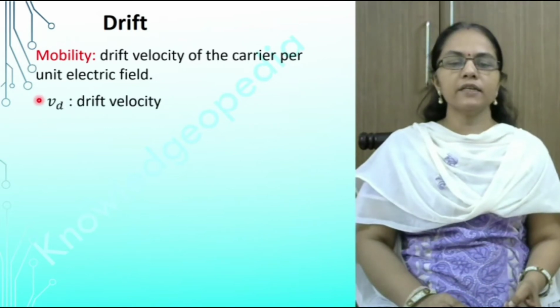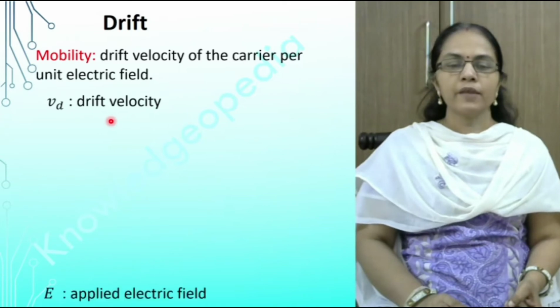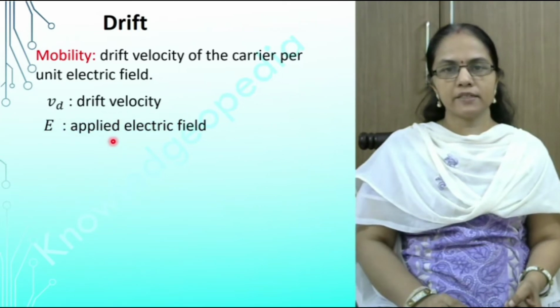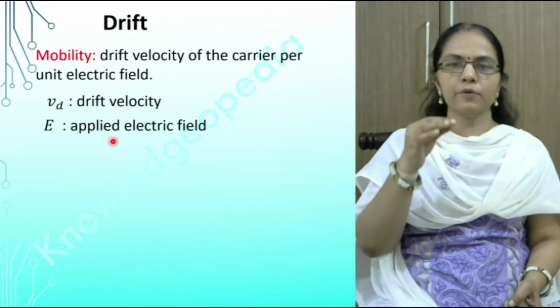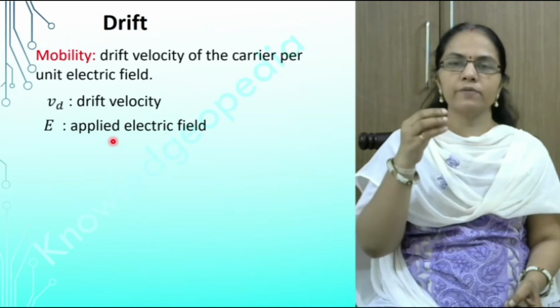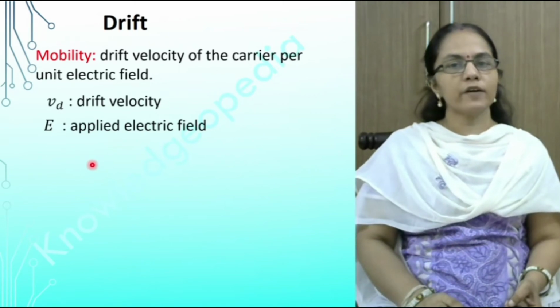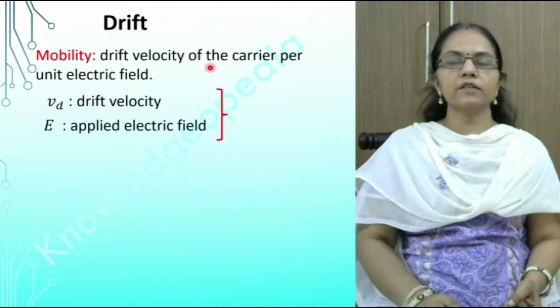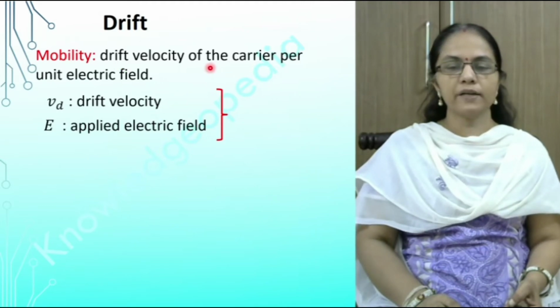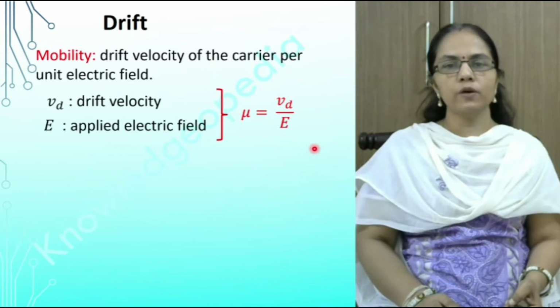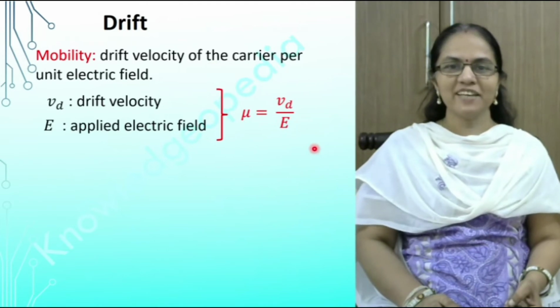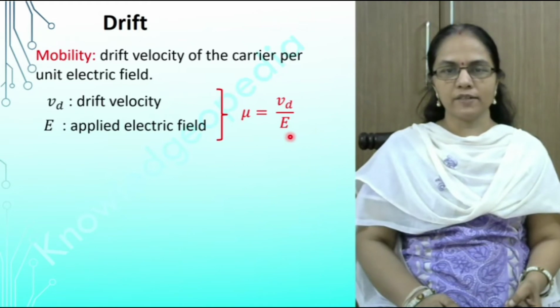Here if I consider Vd as the drift velocity and E as the applied electric field, Vd is the amount of velocity acquired by the carriers due to the applied electric field E. Then what is mobility? Mobility is the drift velocity per unit applied electric field. That means mu is equal to Vd by E, right? So mu is equal to Vd by E, that is, the mobility is equal to the drift velocity per unit applied electric field.